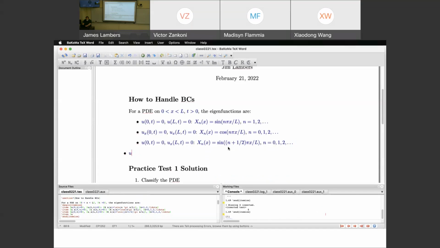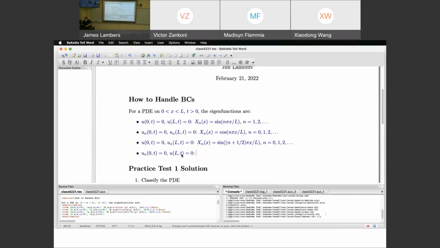One more combination. What if u_x is 0 on the left side? Actually, I don't think this has popped up in any example that we've seen, but just for the sake of completeness: type 3 on the left, type 1 on the right. You can think of the answer to this one as a combination of some of the other cases that we have here.